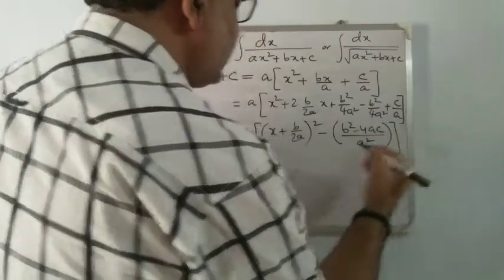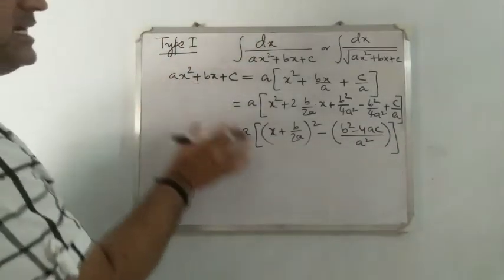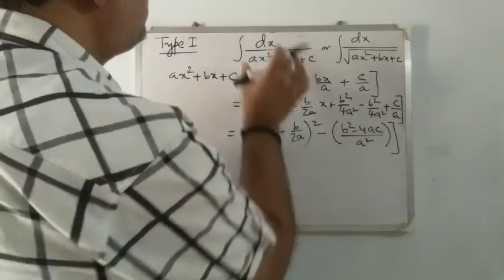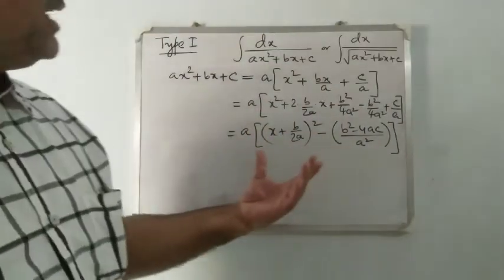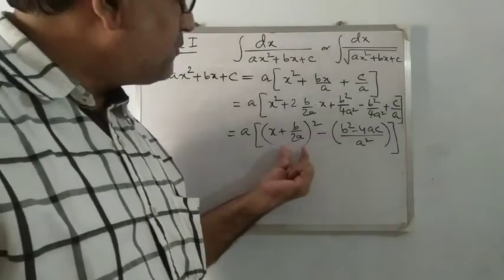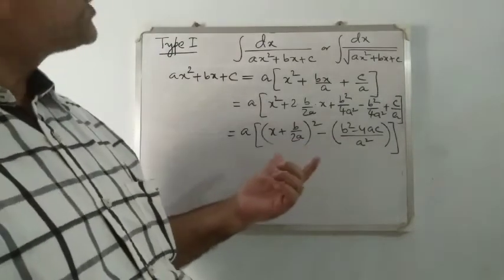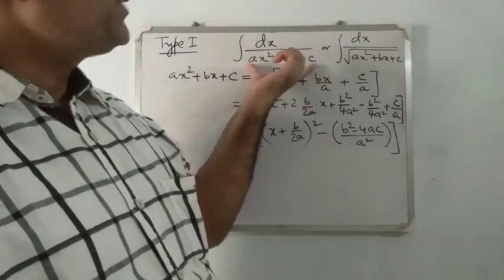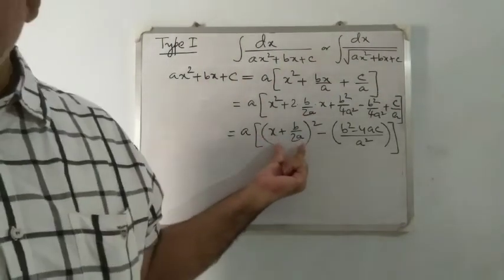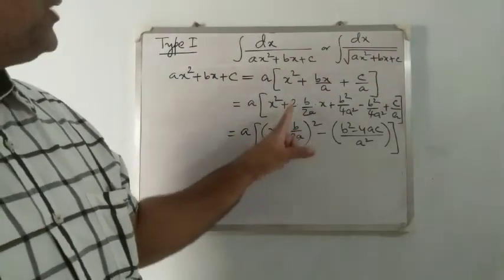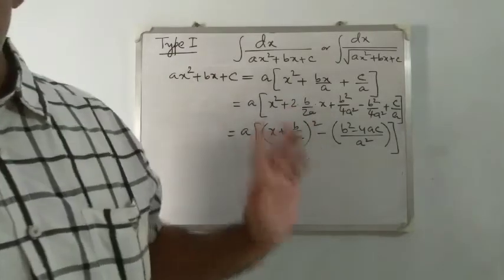Now after getting this result in this form, we are able to integrate. So our basic target is to make it a perfect square. Sometimes it is easier to make a perfect square, but sometimes it is difficult, so in that case you have to apply this technique, 2 into b by 2a.